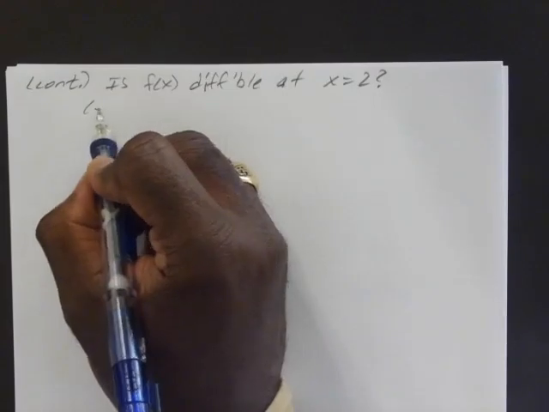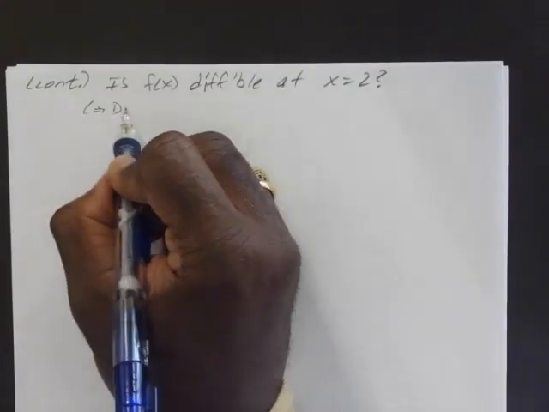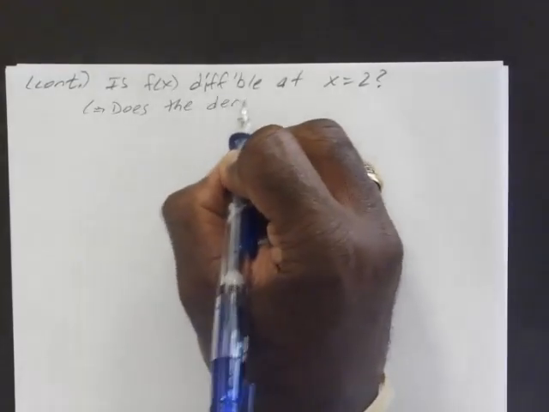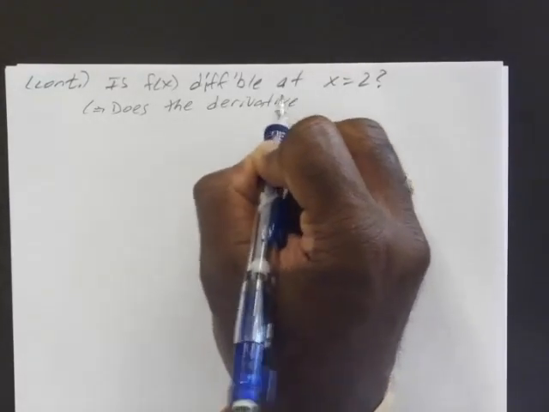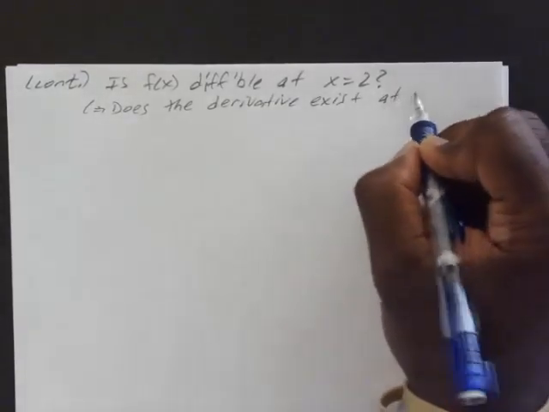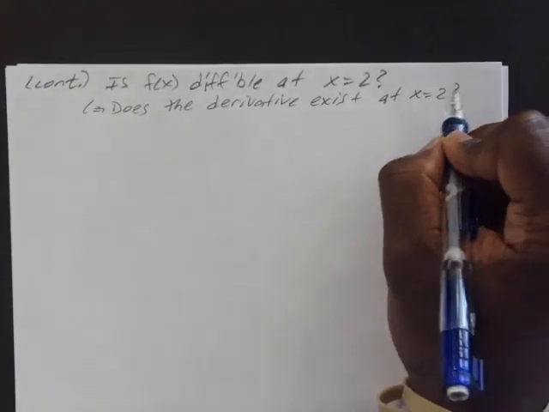All that means is, does the derivative exist at x equals 2?